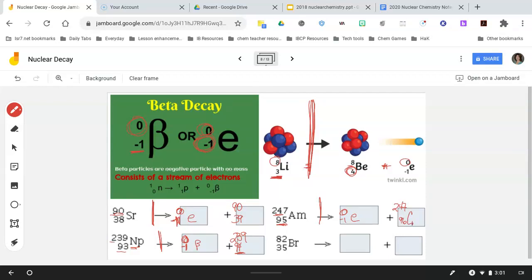Oh my goodness, I have not filled in any of my symbols. Let's look up this problem first. 96, that element is going to be curium. I apologize for that. There's curium. When I come back and I look at element number 94, this is plutonium. When I look up element number 39, that is yttrium.